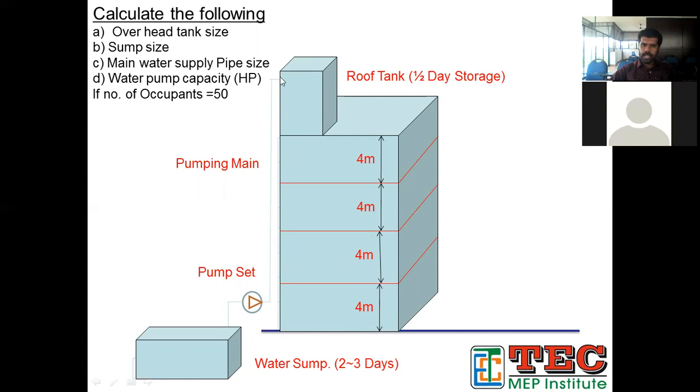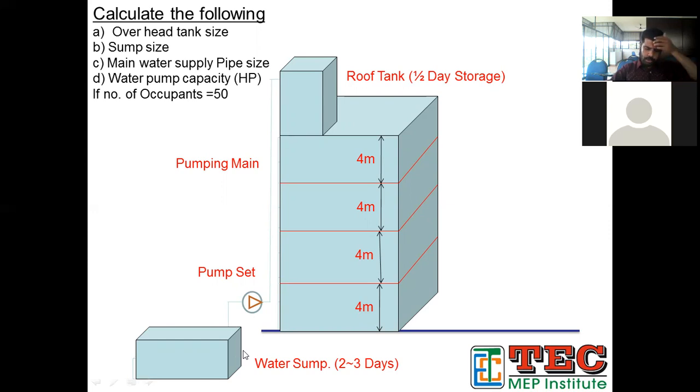So take 1 meter height. Imagine that 1 meter is coming here, going to the freeboard. You just imagine like that. So what will be the suction plus delivery head? It will be 1 plus 16 plus 1.2.